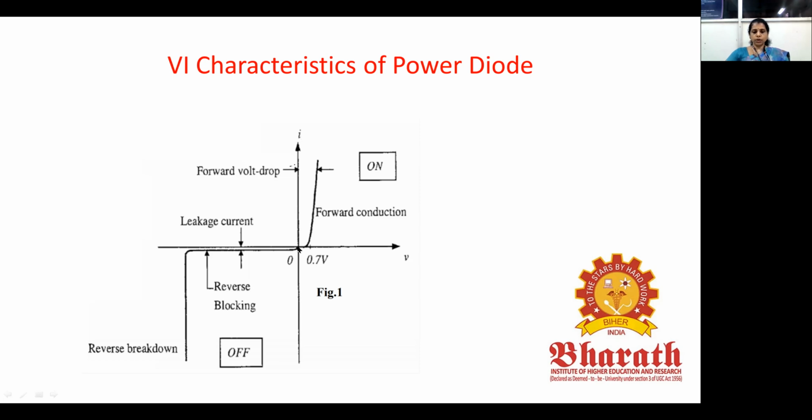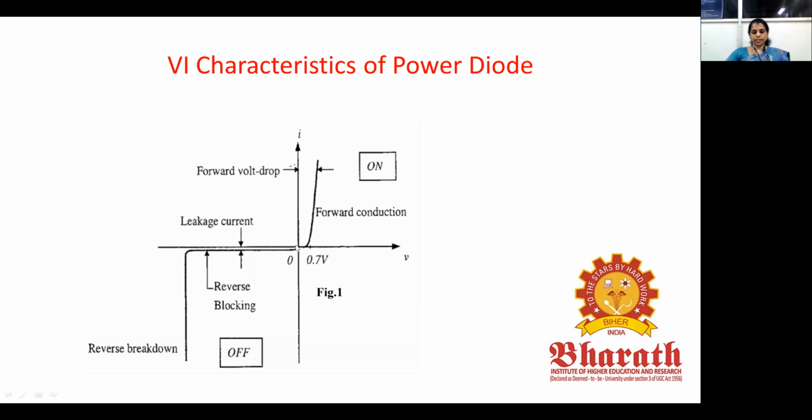When the voltage between the anode and the cathode is 0, your diode will not turn on immediately. So gradually you have to increase the voltage. That voltage is called the forward blocking voltage or the cut-in voltage. Only when it reaches this voltage will the diode be turned on.